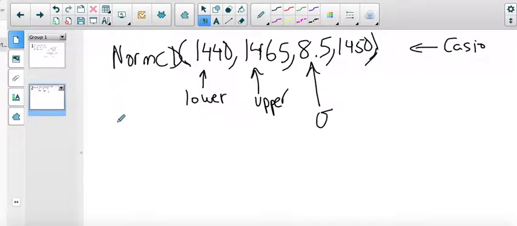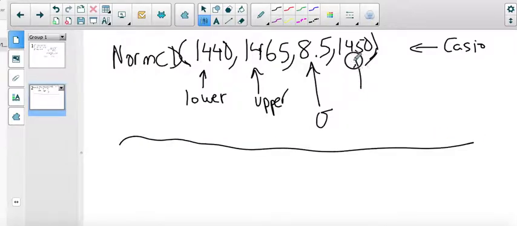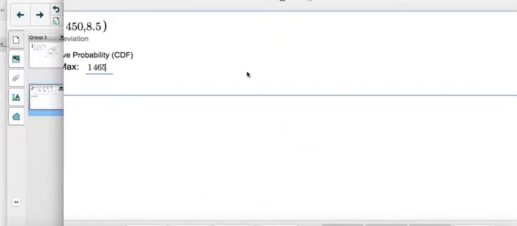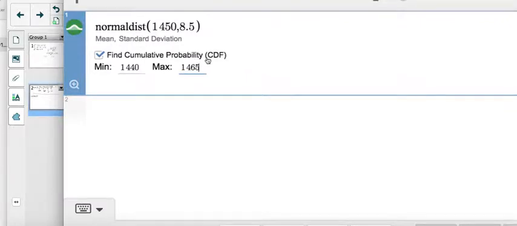If you're using a TI, you want to use normalcdf, which is very similar to what we have in here, because it says normal dist and then CDF.